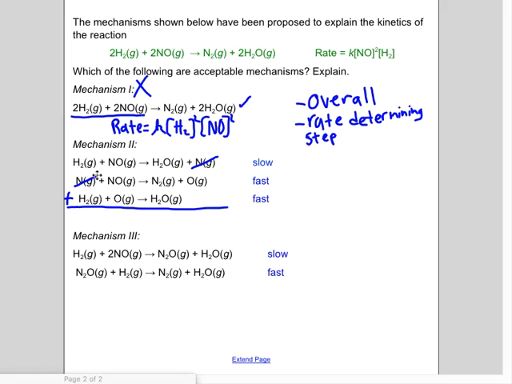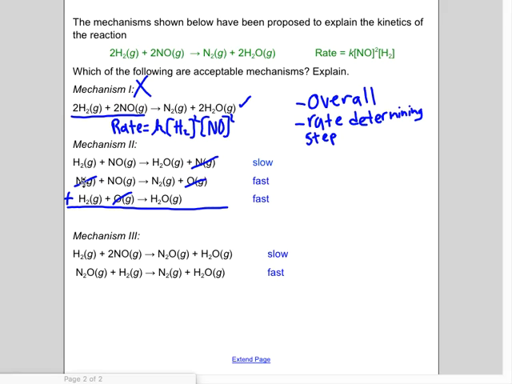I see the same thing going on with the one atom oxygen, there and there. So those cancel as well because they're on opposite sides. All right, the other thing you can do is look for things that are on the same side, because those are going to combine. Like on the left side, I have H2 in 2 places. So that means that they will combine.